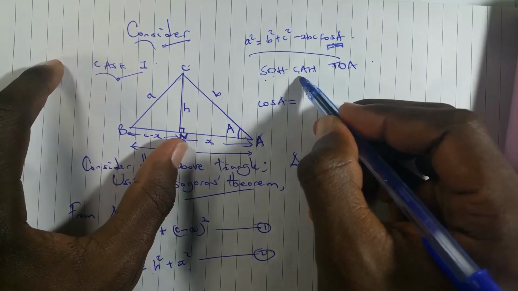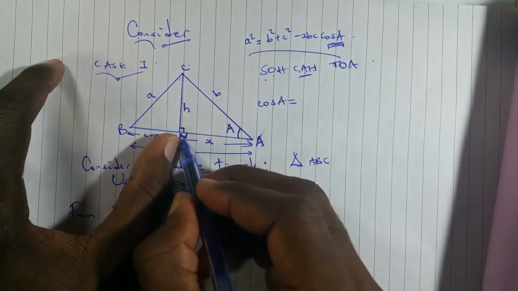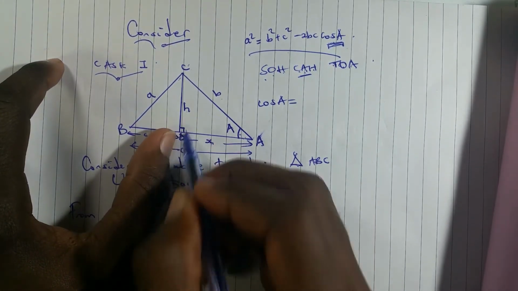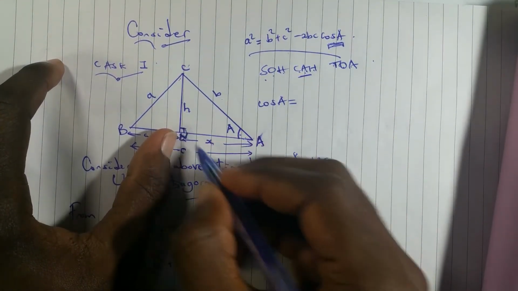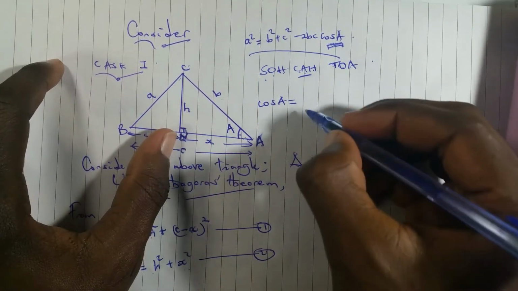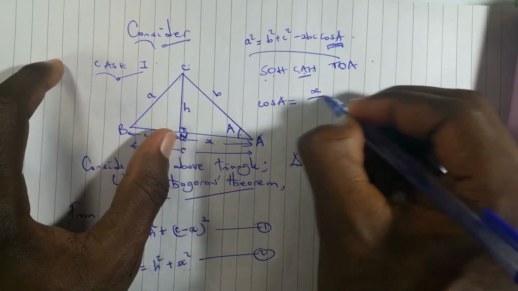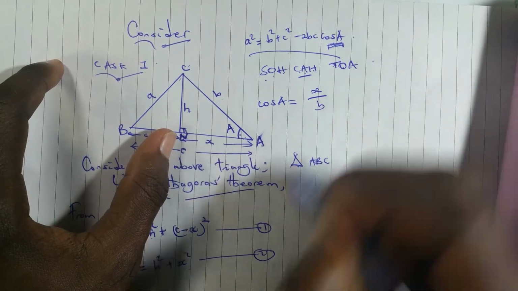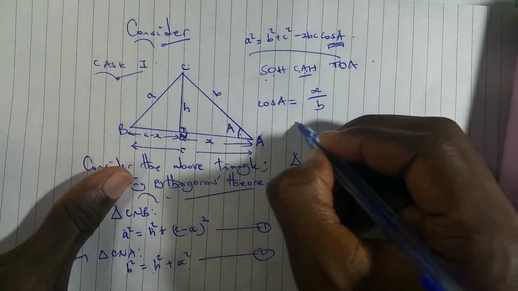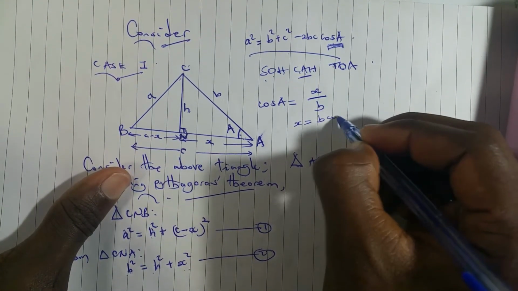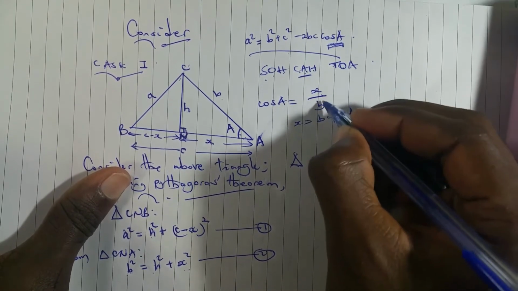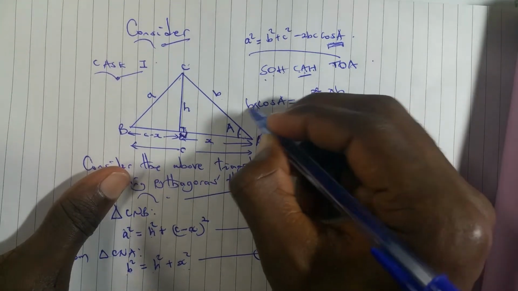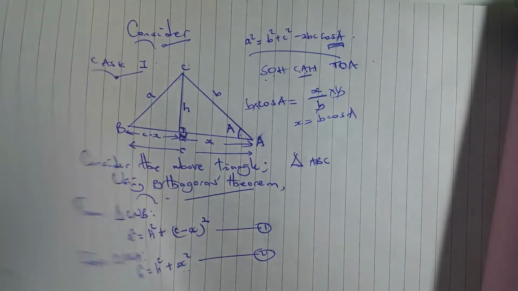So we see that cos is adjacent out of hypotenuse. This angle is adjacent to the 90 degrees. So the adjacent becomes x, and our hypotenuse is b. What does it mean? Our x is going to be b cos a, if you multiply throughout by b to remove that b from there.